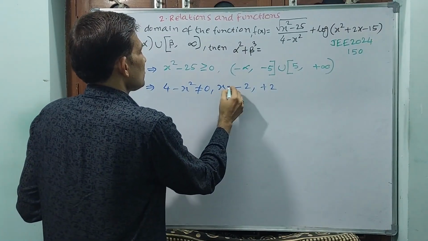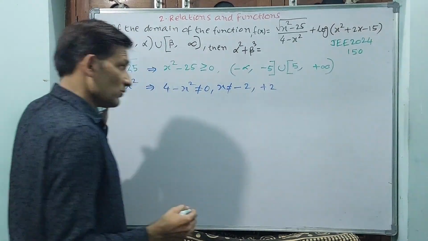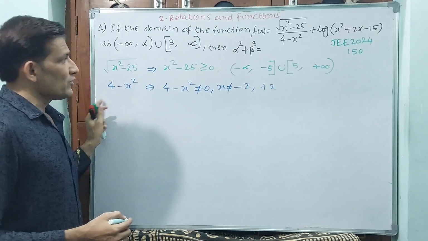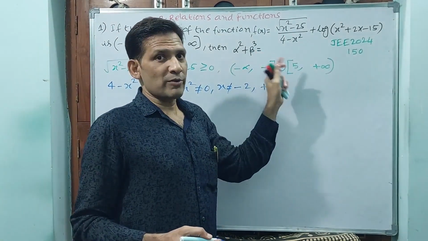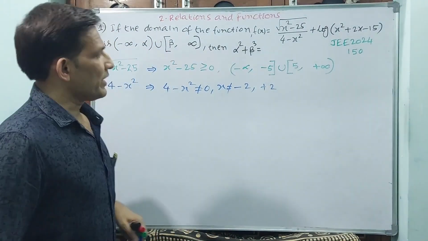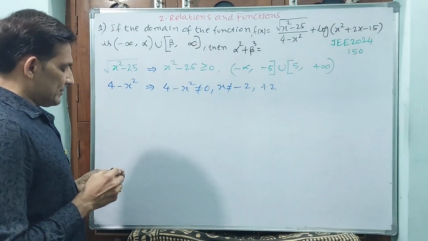That means x should not be equal to minus 2 or plus 2. Except minus 2 and plus 2, anything you can give. Why? Because the denominator may be negative or positive, whatever it may be, but it should not be 0.